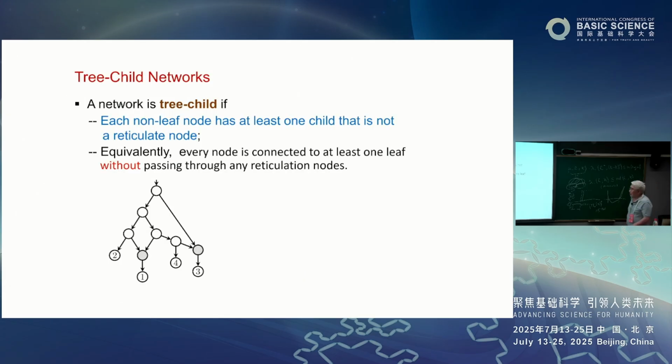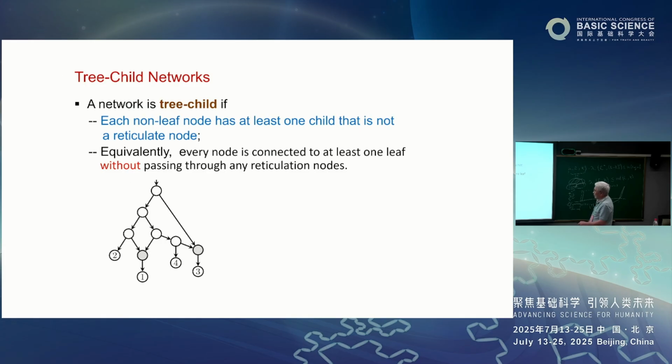The definition is this: a network is tree child if every non-leaf node has at least one child that is not a reticulation node. So this is a tree child network. This is a local property, easy to verify.